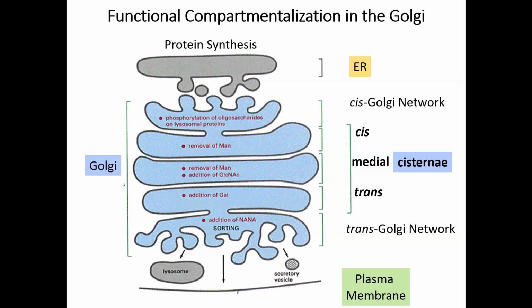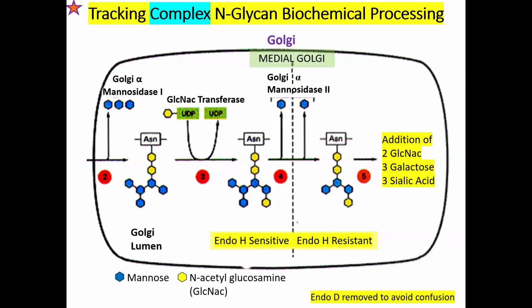So this is essentially telling you where the complex proteins are being formed, and connect that with those slides beforehand. Now the important part is that this can be tracked. If it is a complex protein right here, we can track it when it is passing the medial Golgi.